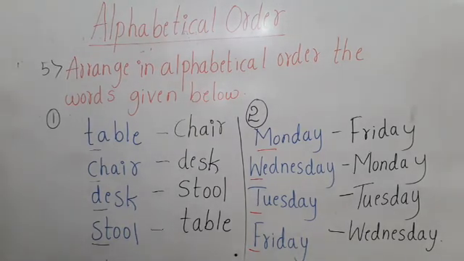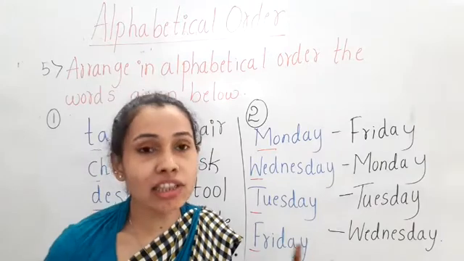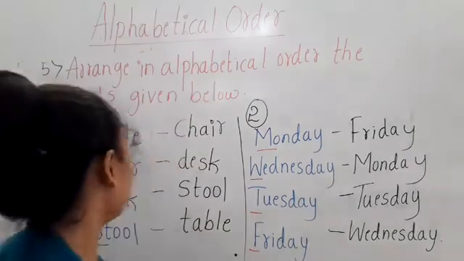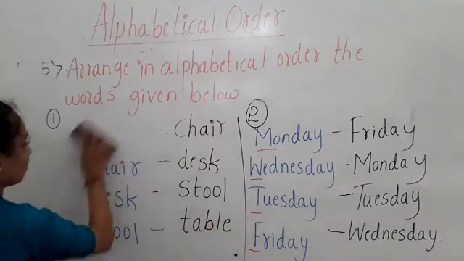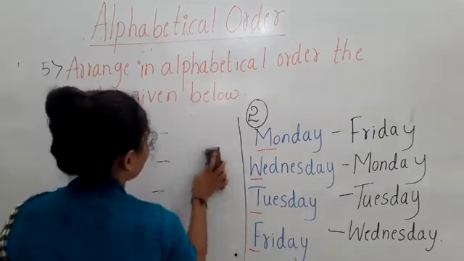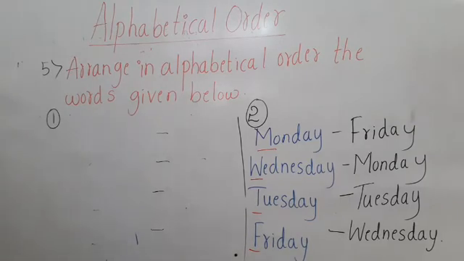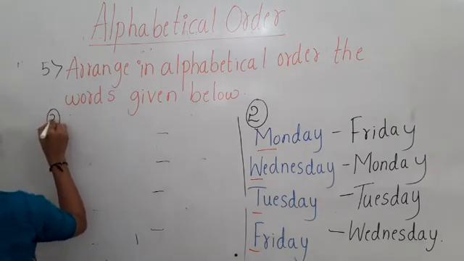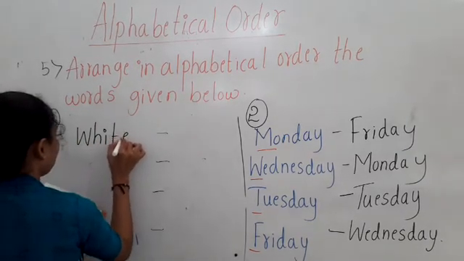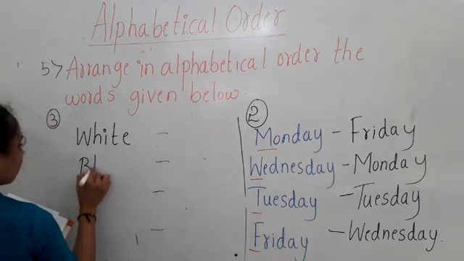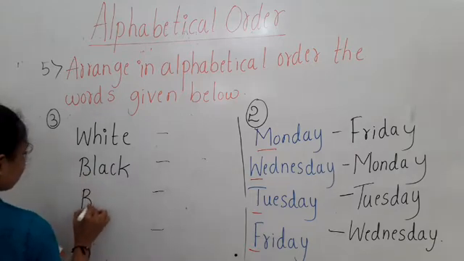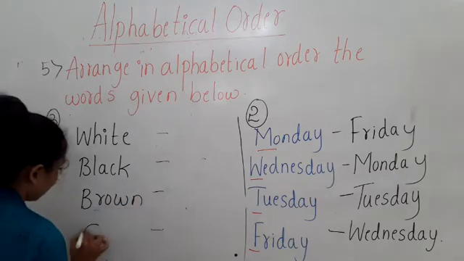Now let us study the third question. In the third box we have the words white, black, brown and green.